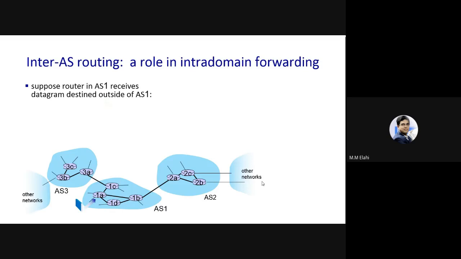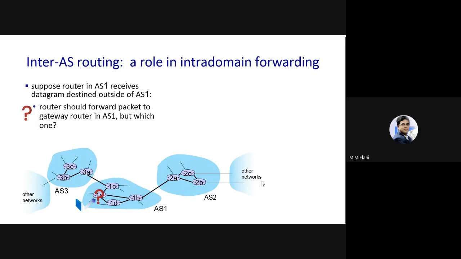And whenever a new packet comes, for example, UIU is connected to autonomous system 1, and you are browsing the internet from one of the labs. First, autonomous system 1 will receive the packet. Then it will decide what the destination network is, and also which autonomous system the destination host is connected to.